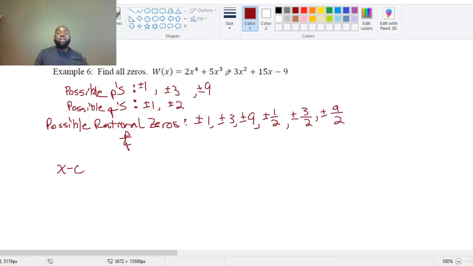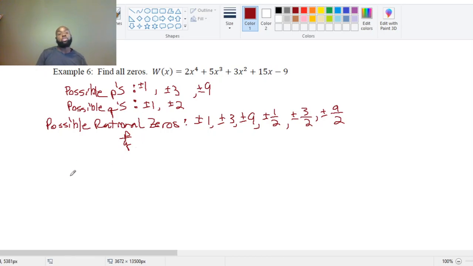So what we're going to do is use synthetic division with some of these possible zeros. If I get a remainder of 0, then I know that x minus c divides evenly into that polynomial, and then that value c is a zero, because getting a remainder of 0 is the same thing as plugging in your value c and getting the output of 0. All right, so let's try some values in synthetic division.